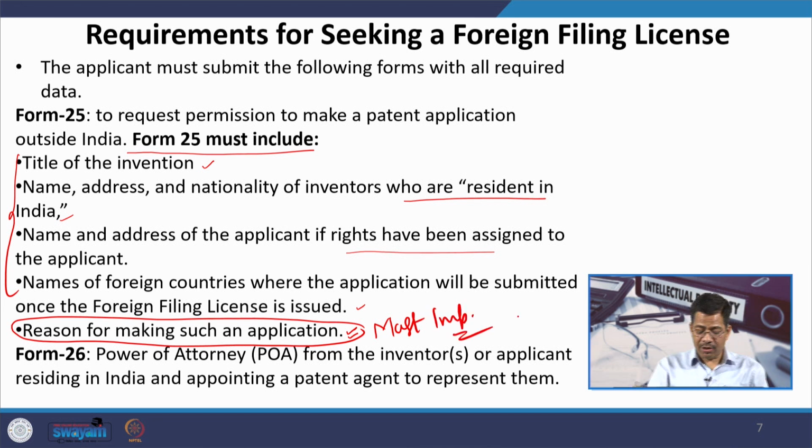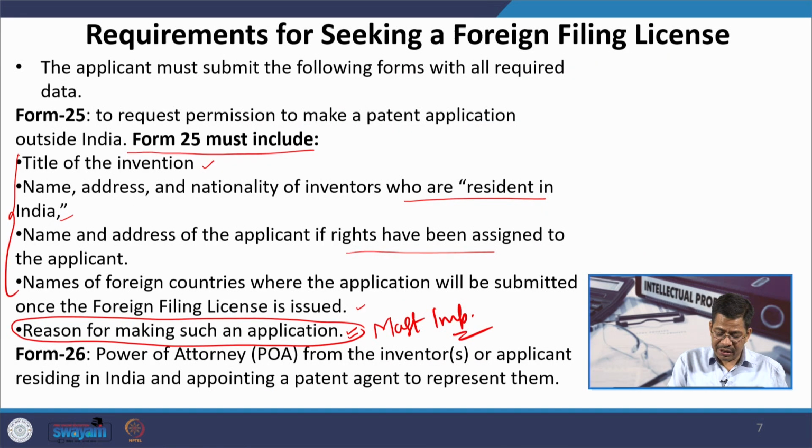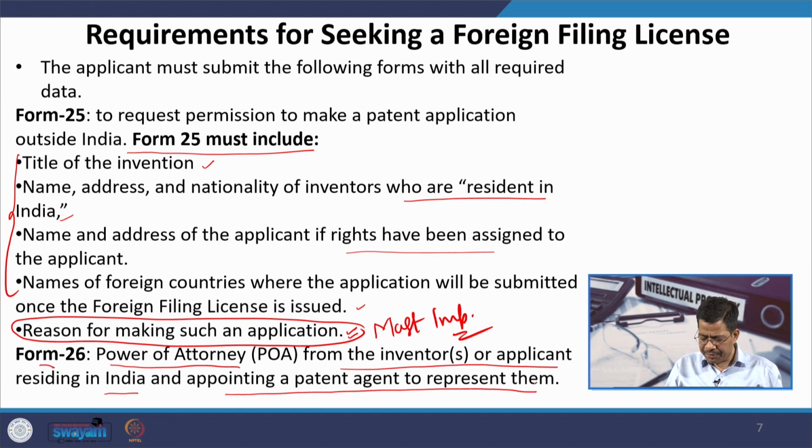And as I already mentioned in my previous slide, all these are the possible reasons for which FFL may be needed. And there is a form 26 which is also in this line, that is the power of attorney from the inventors or applicants residing in India appointing a patent agent to represent them, because sometimes there may come a lot of queries on these application forms.